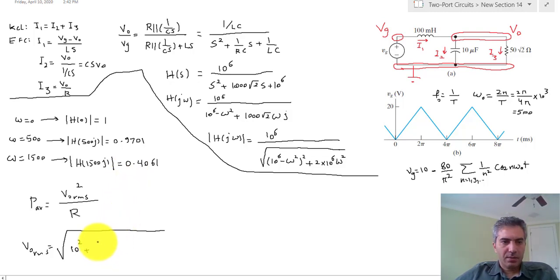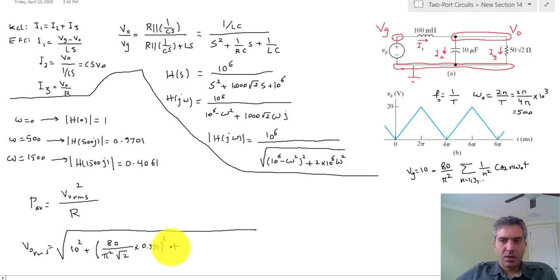So you do basically 80 divided by pi over 2, then square root of 2, all of that multiplied by 0.971, and that to the power of 2. So that's for the first harmonic.